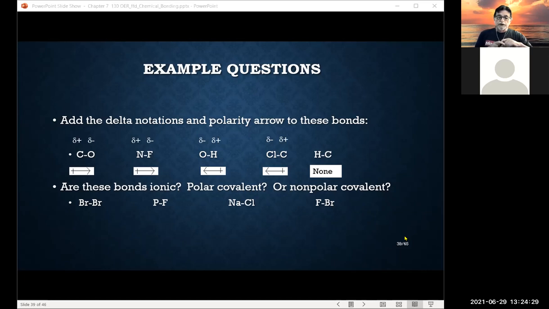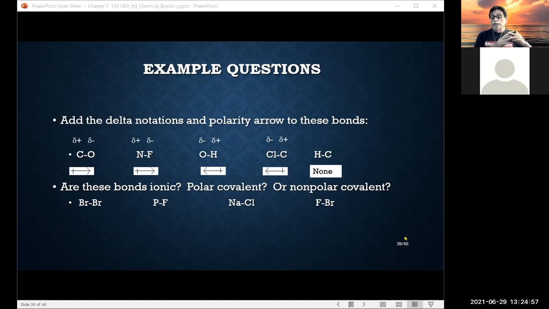All right, so the question here says, are these bonds ionic, polar covalent, or nonpolar covalent? Well, to answer ionic, the very first thing you need to know is how we define ionic. Again, it is a metal versus a non-metal. If we look at bromine and bromine, could it be ionic?